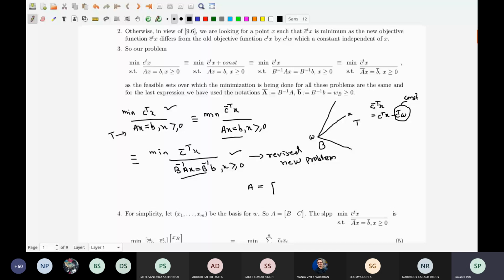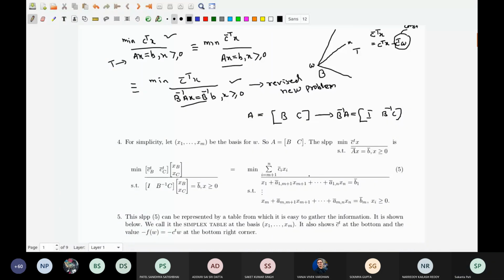And in that case, B inverse A will look like identity and B inverse C. So therefore, this third problem will look like this one.